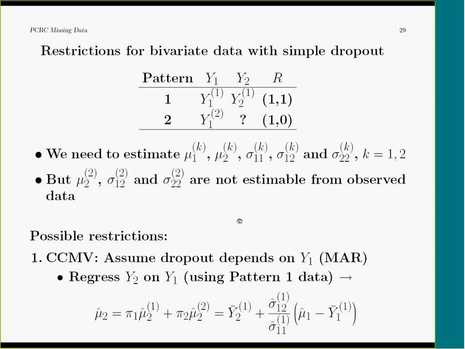One of the possible restrictions is that we assume that dropout depends solely on the pre-data, and that would be the missing at random essence. To do that, we basically regress the post data on the pre-data, and we can only do that in the people that have complete data, this pattern 1.